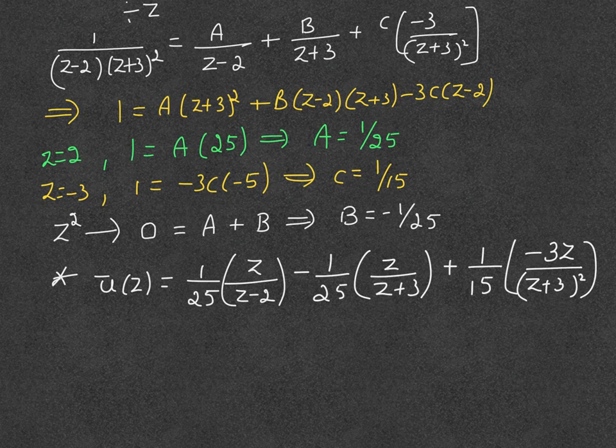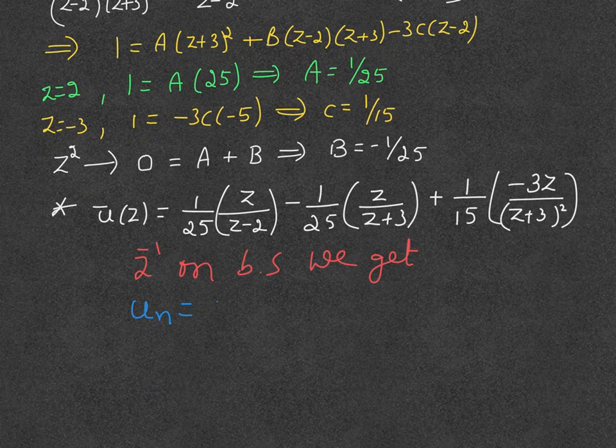So now applying the inverse z transform on both sides, we get the required result: y n is 1 by 25 z by z minus 2, so k power n, here k power n is 2 power n, minus 1 by 25 where the denominator z plus 3 can be written as z minus of minus 3 and k will become minus 3 power n.